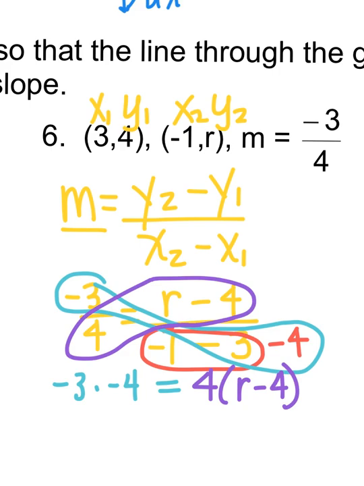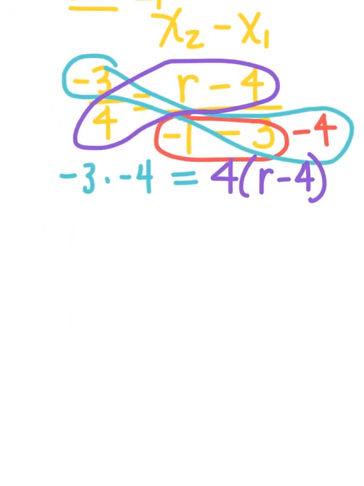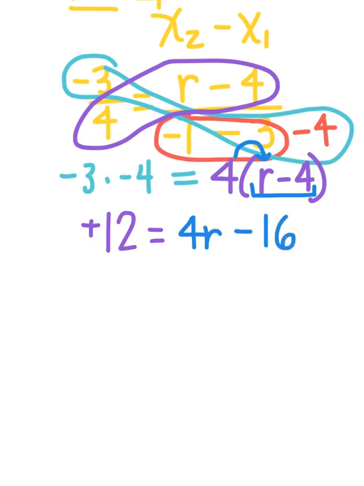Let's simplify and solve. On the left side, we can simplify this to positive 12. However, on the right side, what property do we have to use? Since we cannot combine these two terms because they're not alike, we must use the distributive property. So we have 4r minus 16.